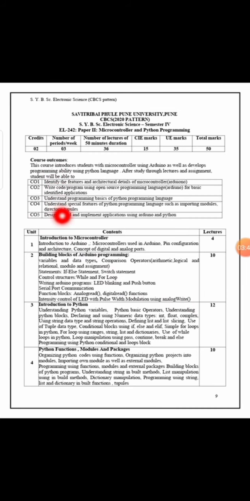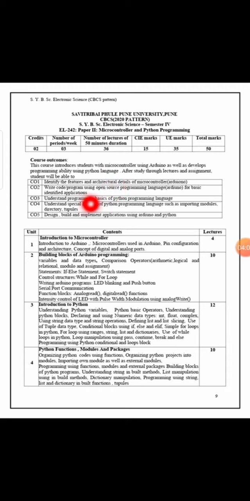What is the outcome of the course? This course introduces students to microcontrollers using Arduino as well as development programming ability using the Python programming language. That means after studying this course you are able to do the programming. You can identify the feature architecture in detail.